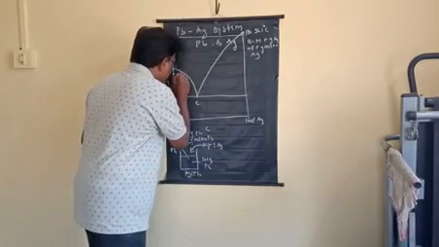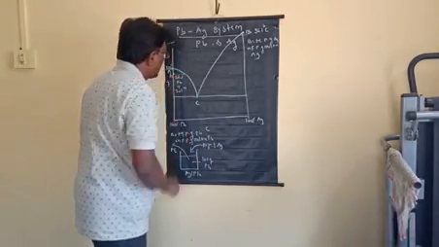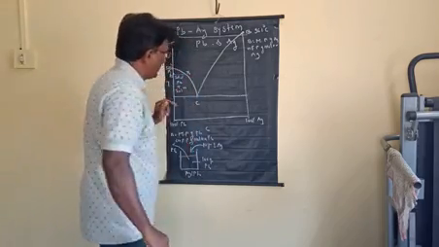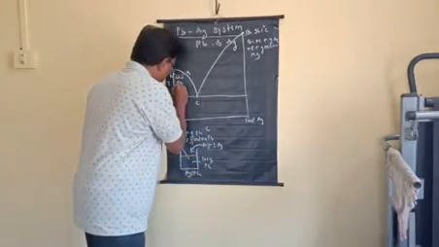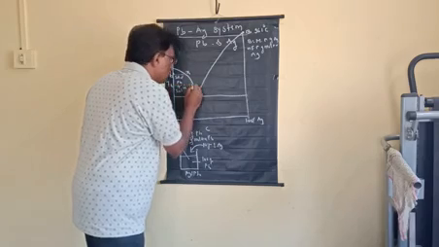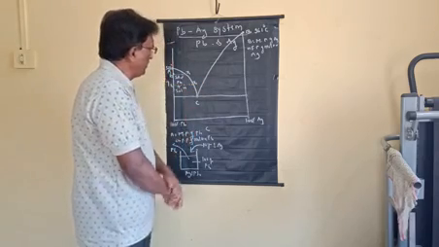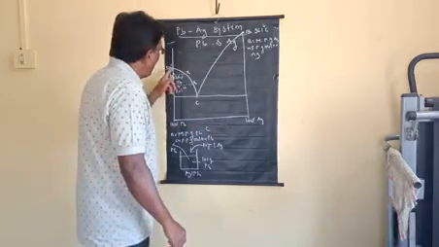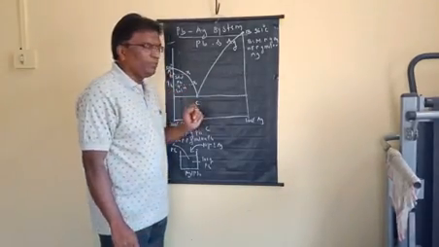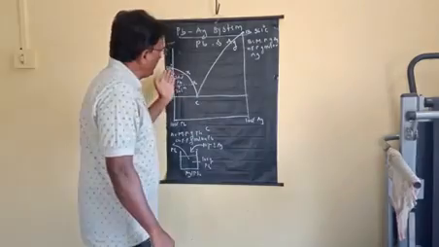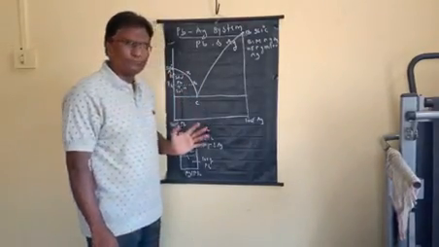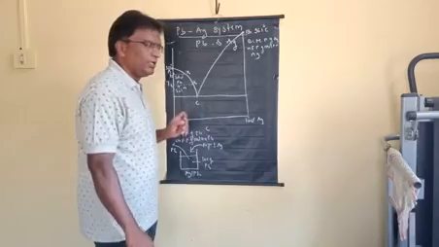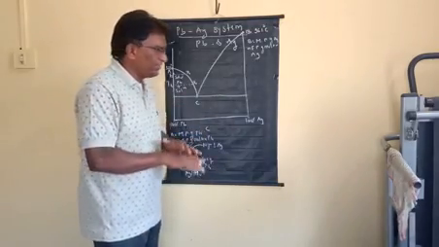At this particular temperature, suppose T1, solid Pb remains in equilibrium with solution of this composition X1. At temperature T2, solid Pb remains in equilibrium with solution of concentration X2. That means along the curve AC, solid Pb remains in equilibrium with varying composition of solution. And as soon as we reach point C, solid Ag also separates out.